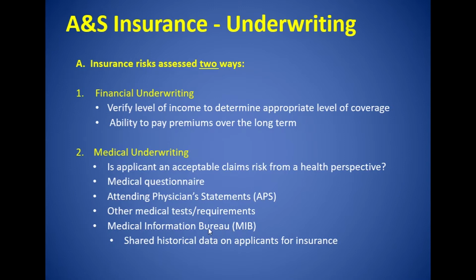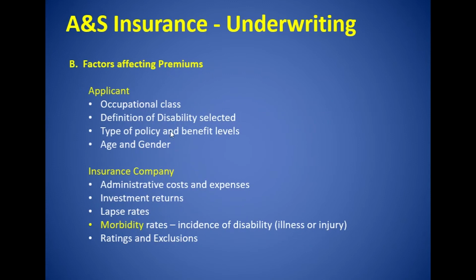This is a central database of material that is covered in applications for insurance that the applicant may have submitted in previous years to other insurance companies. So that's also available to the underwriter to access additional medical information.